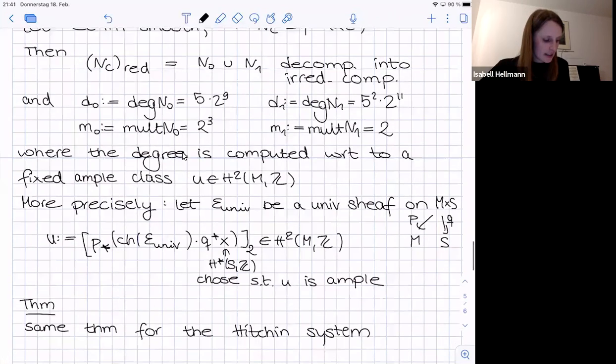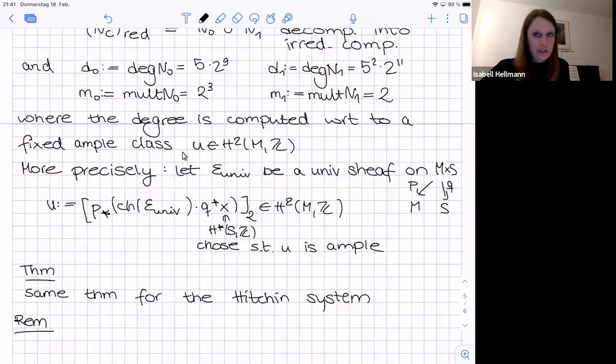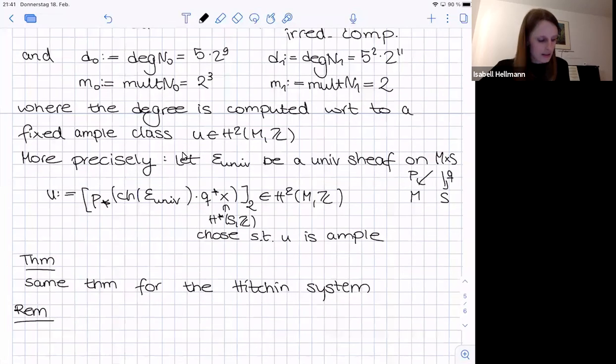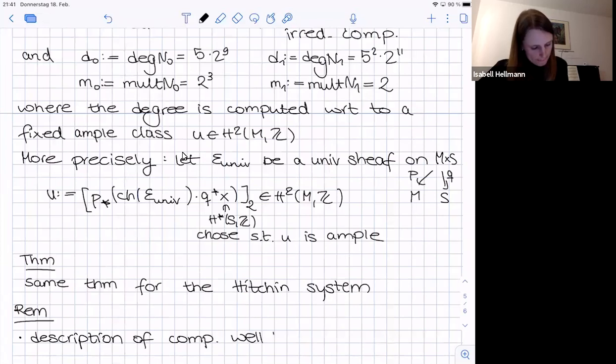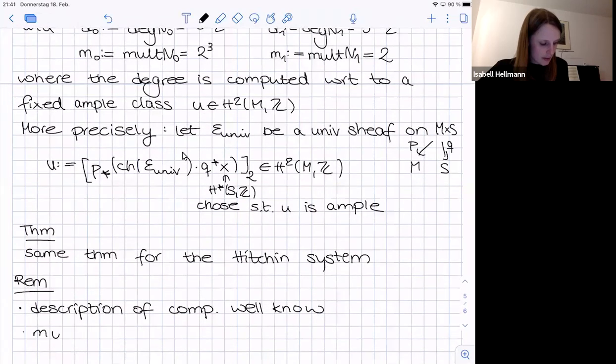And actually, here the description of the components is very well known, so this is nothing new. And also the multiplicities are also known. So this goes back, yeah, many people computed this.